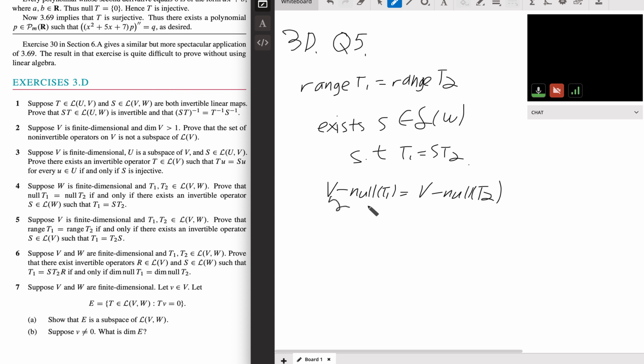And this is entirely spanned by the basis of V minus the basis of the null space of T1, and the same over here. So what you have here is really everything that produces some value is in the same place inside V.